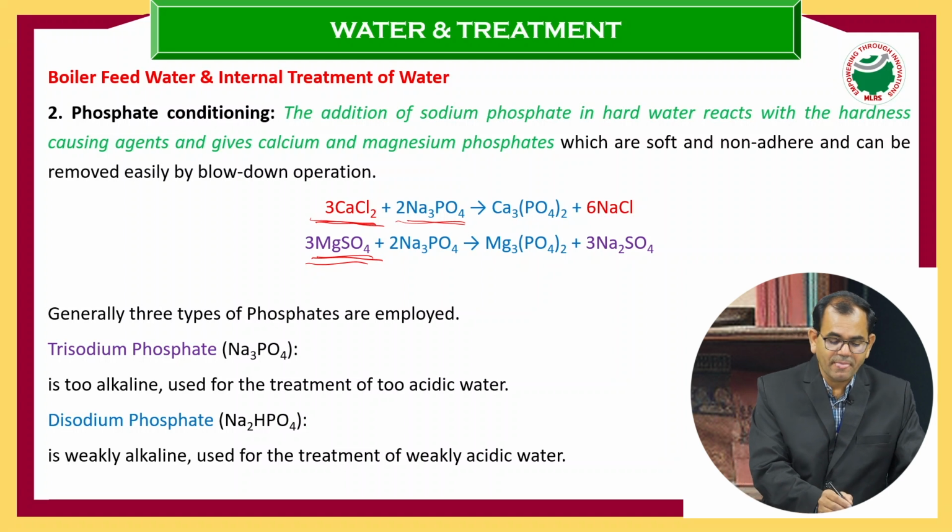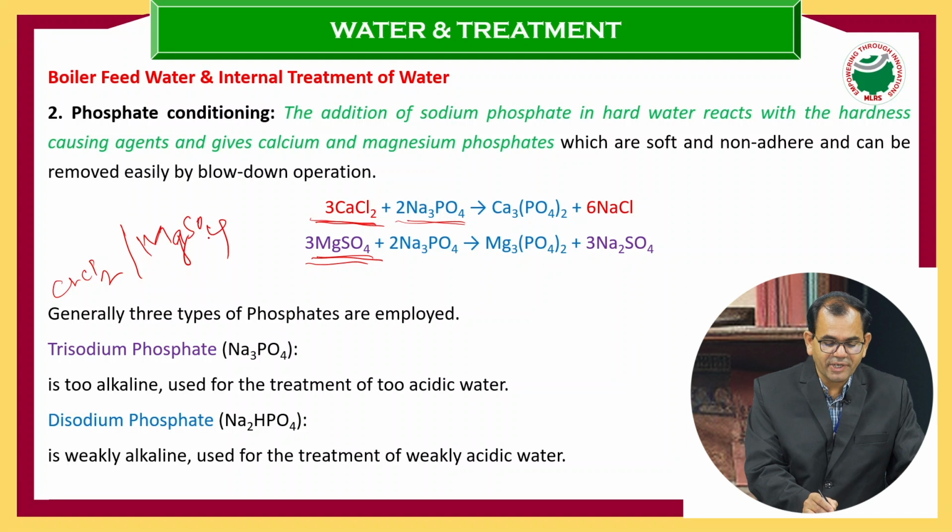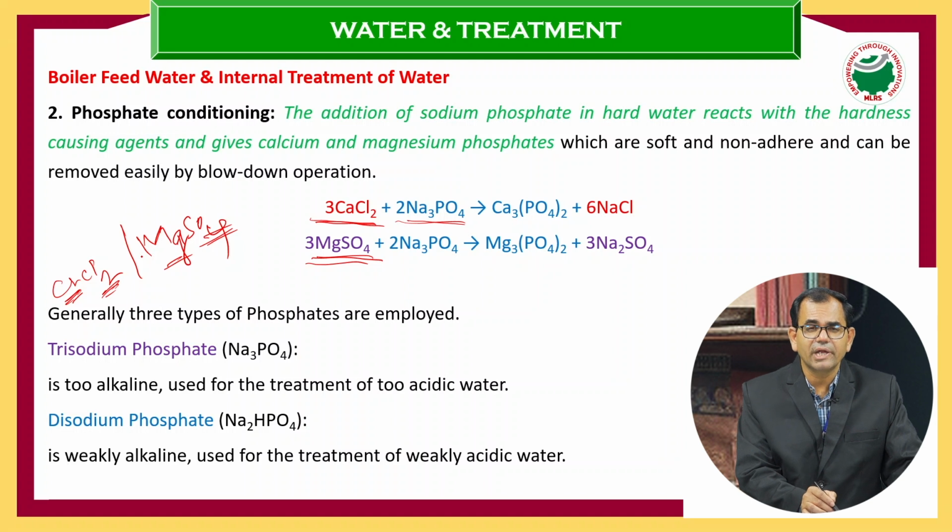Now what's happening when we take calcium chloride or magnesium sulfate, MgSO4? The sulfate ion, magnesium ion, calcium ion and chloride ions, all 4 ions will be dissociated. And how are they conjugating, how are they making a complex?